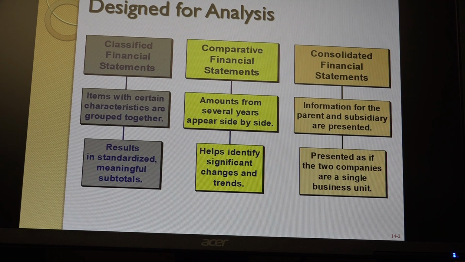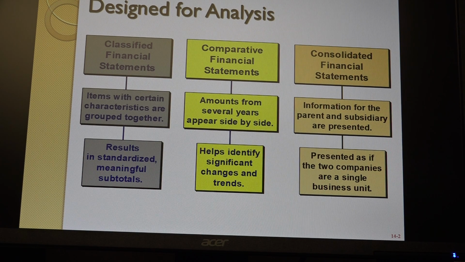And what that does is help identify significant changes and trends. Normally, you're going to have to go to some sort of analysis beyond the dollar amounts. You're going to have to get into percentages and things like that, but many times companies provide that information as well.